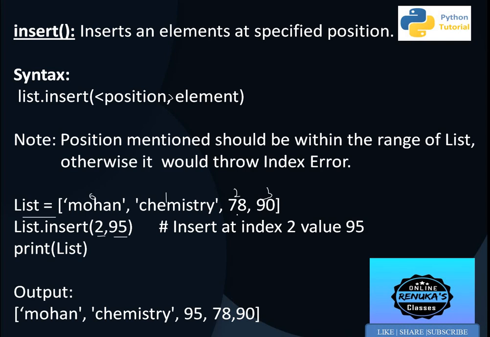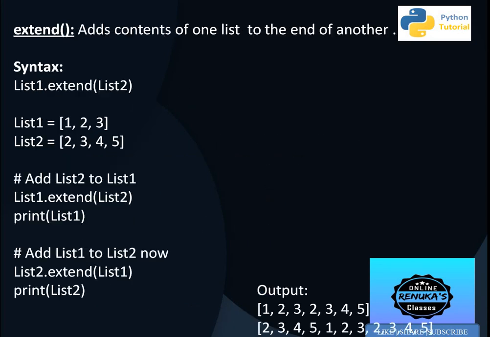The earlier elements which were at second index will not be erased. In fact, they will be shifted to the next position. So 78 now will be at third index and 90 will be at fourth index. That is not overwriting, it is just inserting an element in the list and pushing other elements towards the right. That is insert.